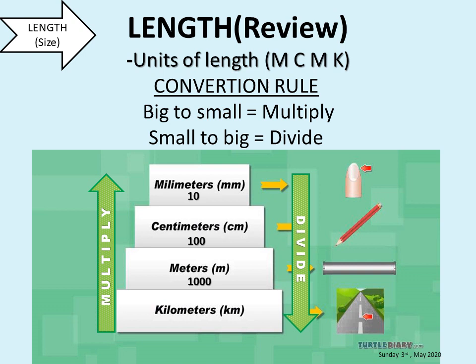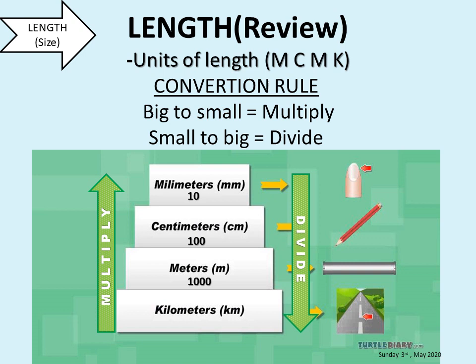So 5000 meters multiplied by what? By 100, because I'm going to centimeters and the centimeter block is 100. I multiply again by 100. This time I will have 50,000? No, it would be 500,000 because we're going to be having 5 zeros. It will be 500,000 centimeters.